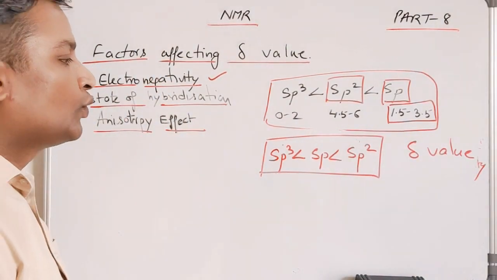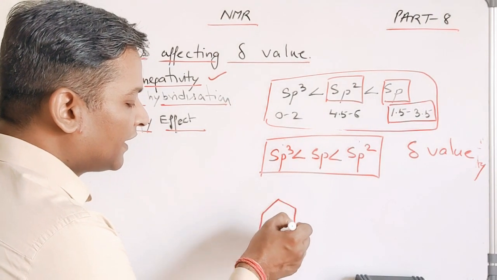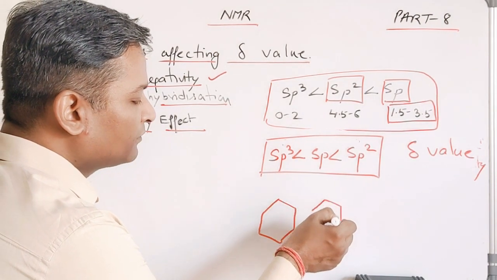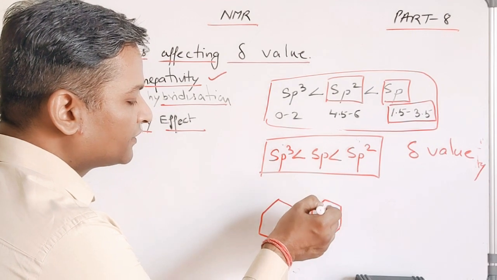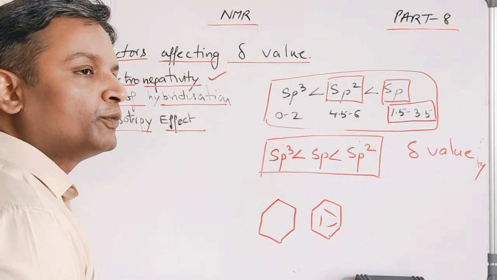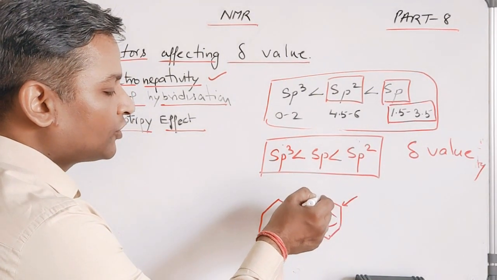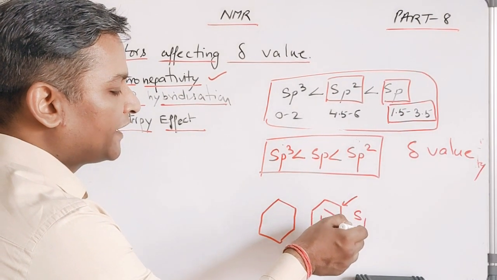But before moving toward the anisotropic effect, suppose I ask you a very simple question in your exam, carrying 1 mark: out of these two compounds, which one is expected to have a higher delta value? High delta value should be of this, because in this case all carbon atoms are sp2 hybridized.